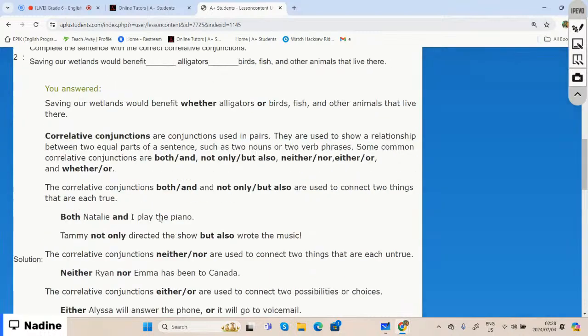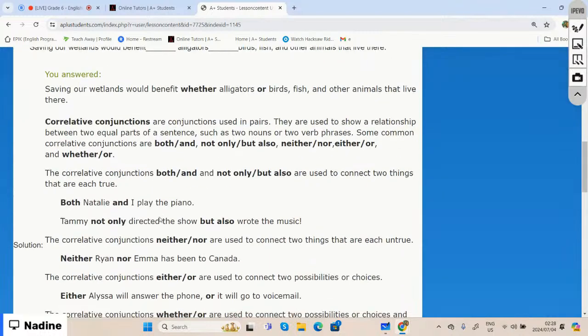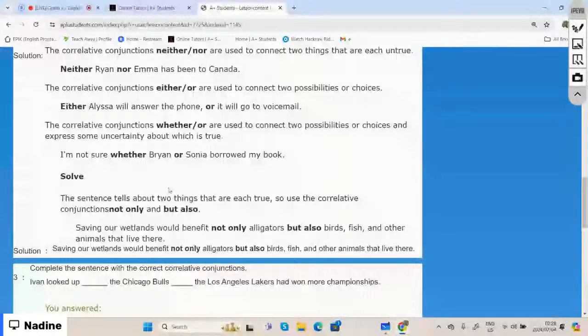All right. And if we choose the correct one, then yes, we can say saving our wetland would benefit not only alligators, but also birds, fish, and other living animals.